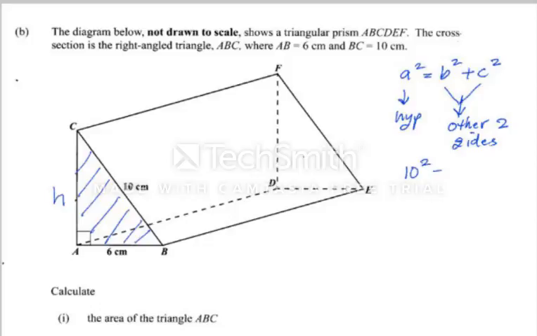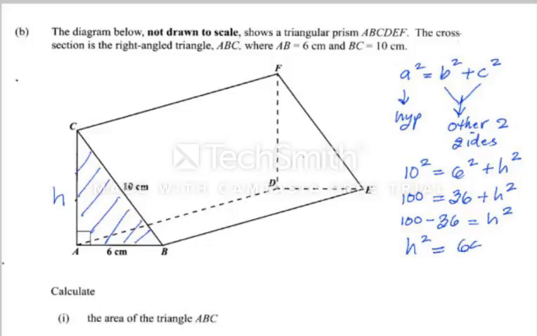So 10 squared is equal to 6 squared plus h squared. This is 100. This is 36 plus h squared. So 100 minus 36 is equal to h squared. So h squared would be equal to 64. The opposite of square is square root. So h is equal to the square root of 64, which makes h 8 centimeters.